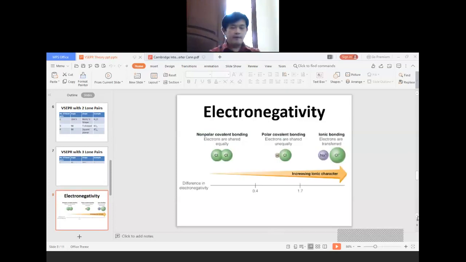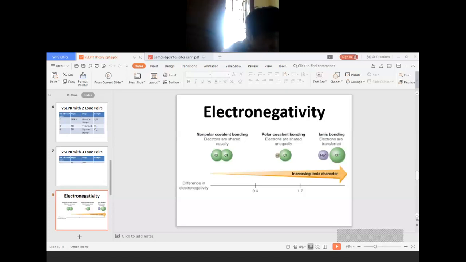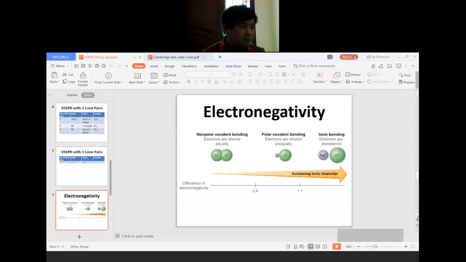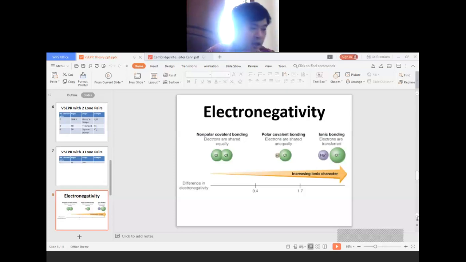Okay, and then there is also electronegativity. It is in our textbook, page 62. Electronegativity: from left to the right, the electronegativity of the elements increases.